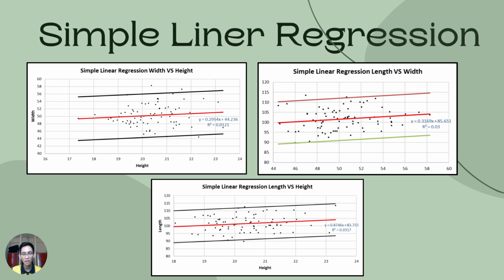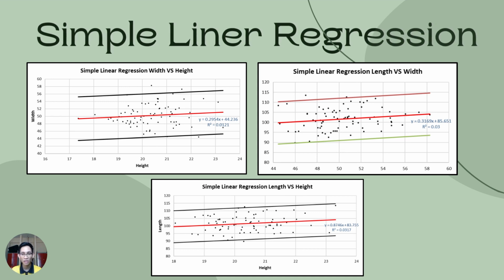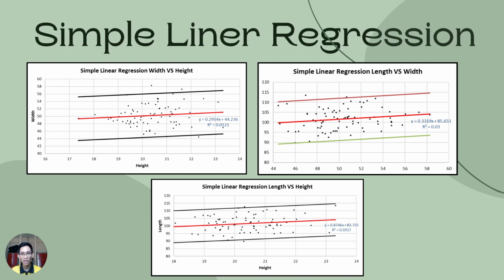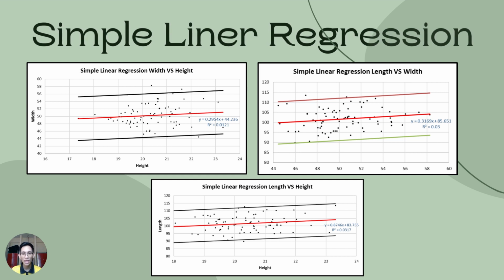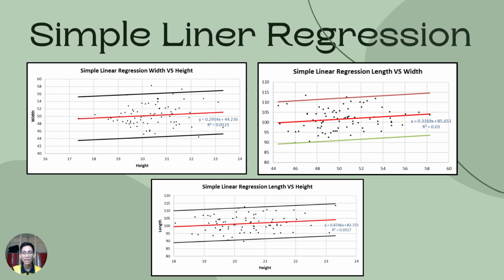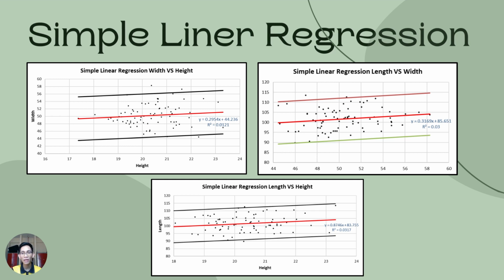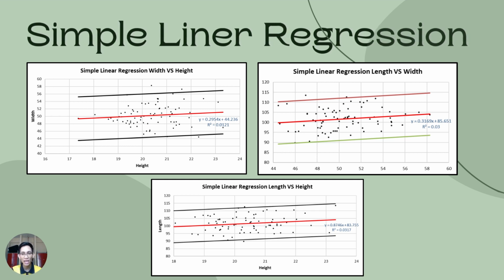And the third graph show the simple linear regression for length versus height that have two outliers at sample number 14 and 68. The top and the bottom line indicated as upper and lower limit line.